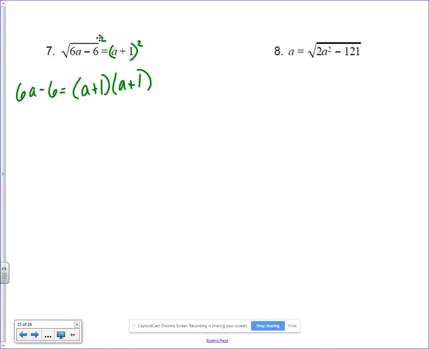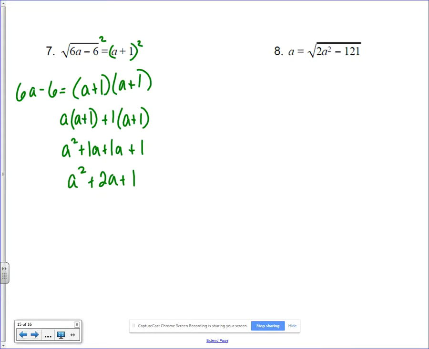And stop there after you've combined your like terms. How'd you do?